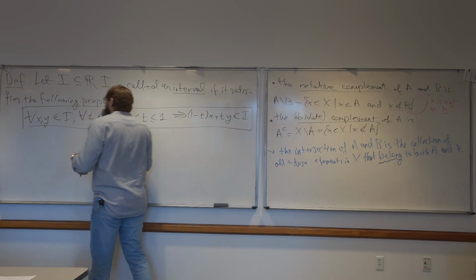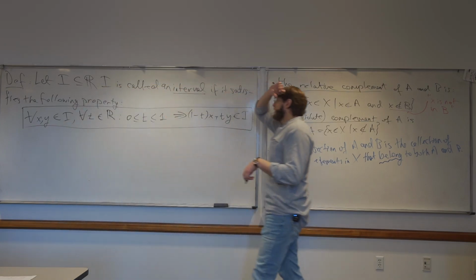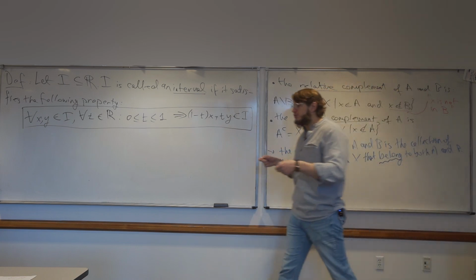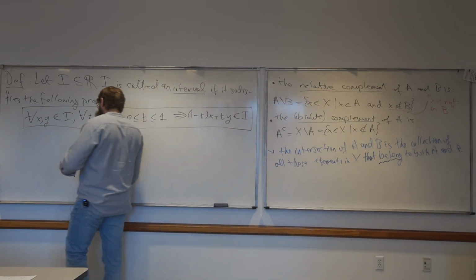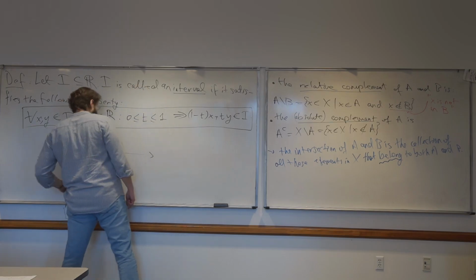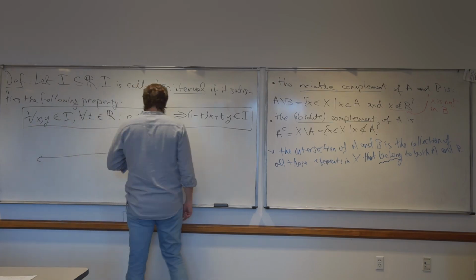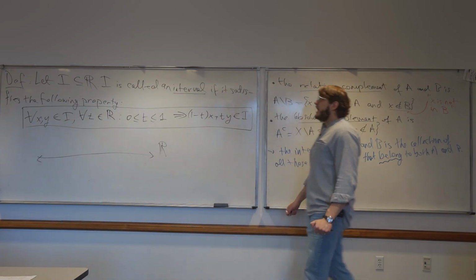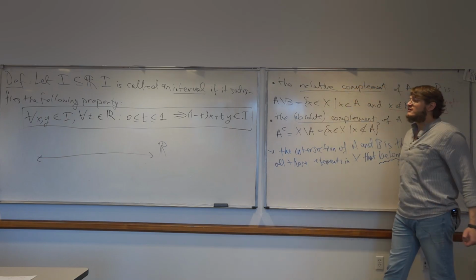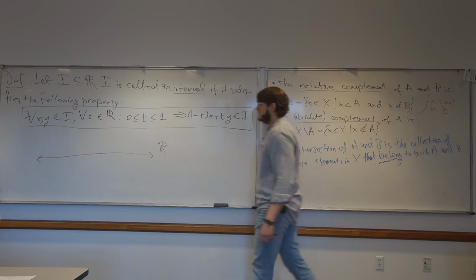So what is happening here? Well, yesterday, we talked about how R we're going to think of as pretty much like a line. So it's like this. Okay. And this I, the subset, is something that consists of a bunch of real numbers then.